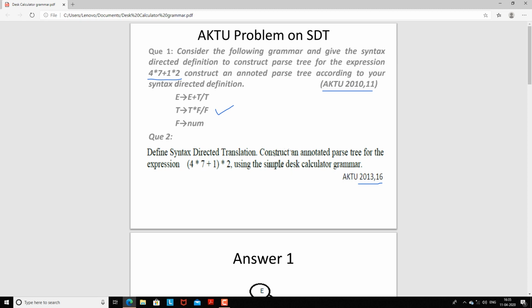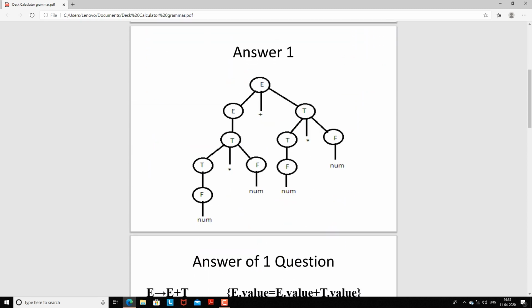We will follow a particular string, 4 into 7 plus 1 into 2. So we will design the parse tree for 4 into 7 plus 1 into 2 with the help of the given grammar.